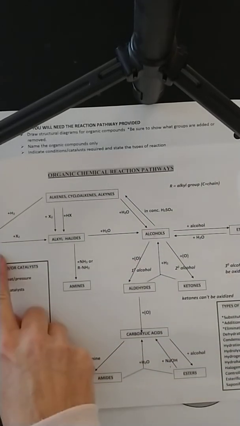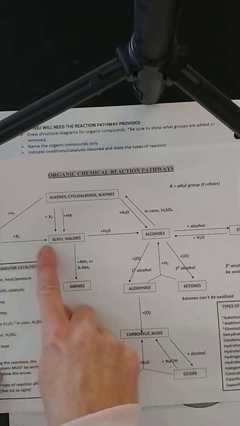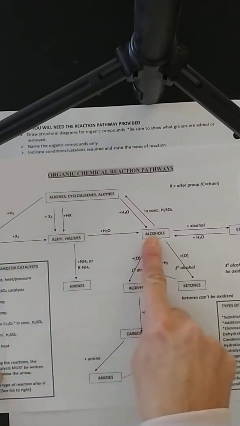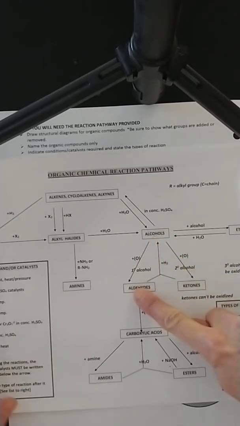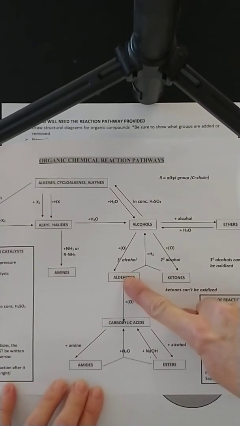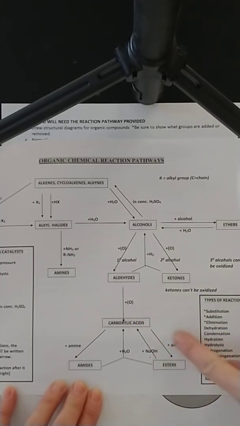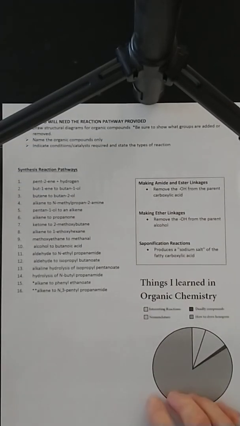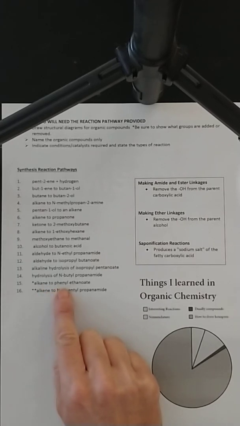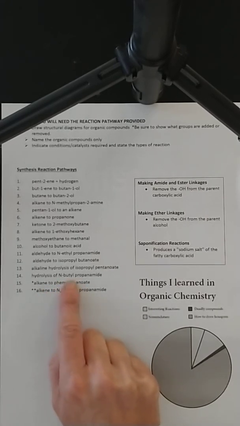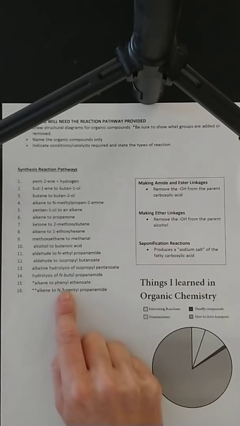So you're going to start with a 2-carbon alkane. You're going to make an alkyl halide, so you can pick whatever halogen you want. Make an alcohol. You have to head down and make an aldehyde into an acid, and then to make your ester, you add an alcohol. So what alcohol do you add? You go back to the question. It's a phenylethanoate. So you're going to add your benzene-based alcohol, and you should know how to name that.